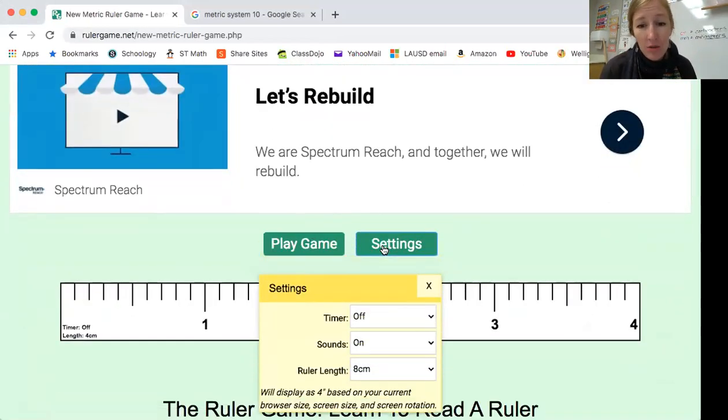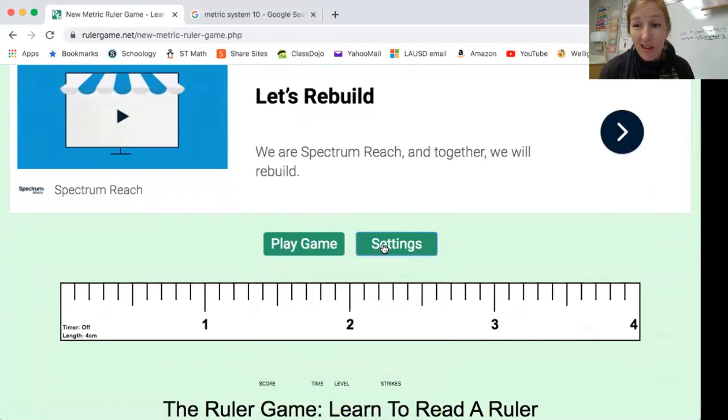You don't really need to do anything with the settings because everything's in units of 10 with the metric system. It's not like with inches where we had to choose between fourths and eighths or halves or sixteenths. It's much more confusing with inches. So you can see these numbers, 1, 2, 3, and 4. Those are centimeters. And all the little lines are millimeters. So let's play.